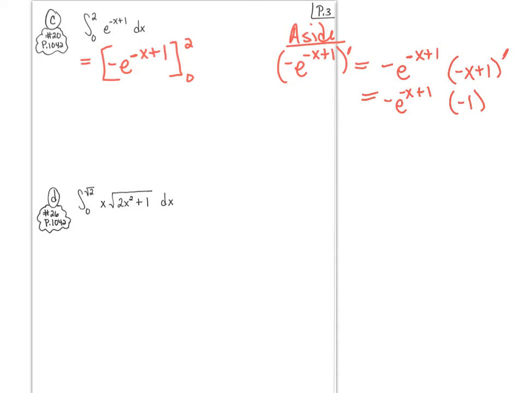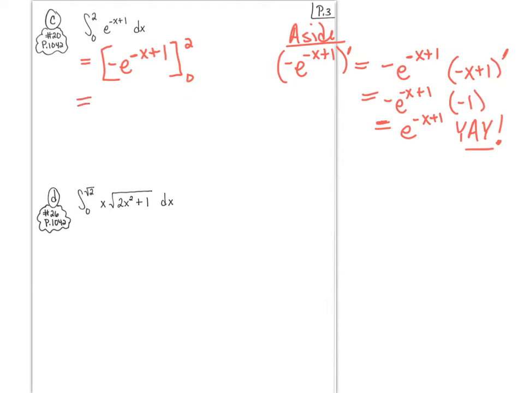Well, a negative times a negative gives you a positive e to the negative x plus 1. And that is your integrand, so we are correct. Awesome. Notice that when you're dealing with the definite integral, you don't have to add a plus c because you're able to find an exact value.